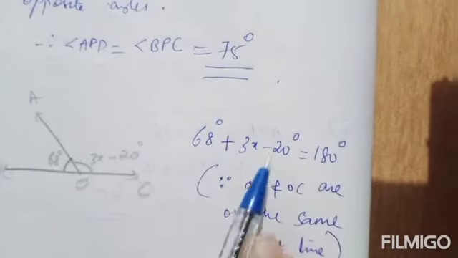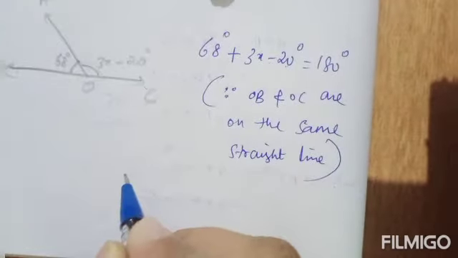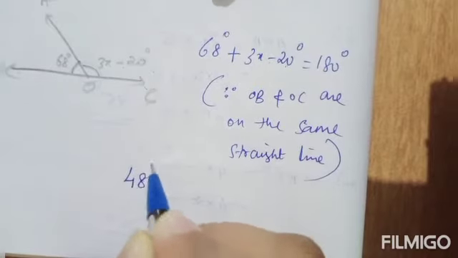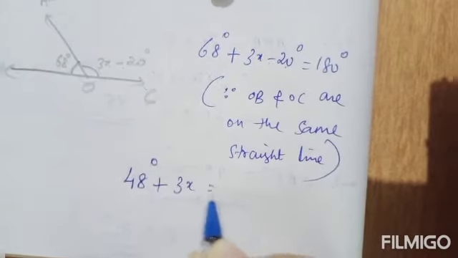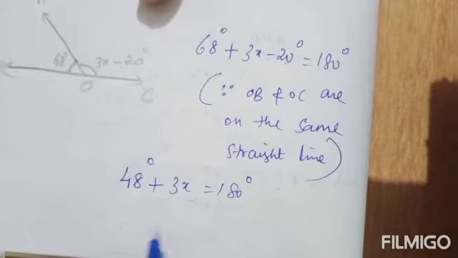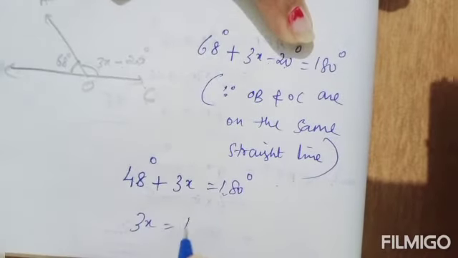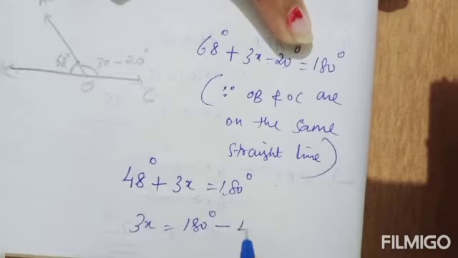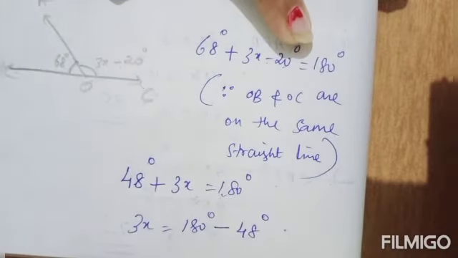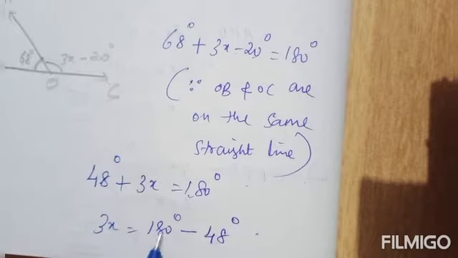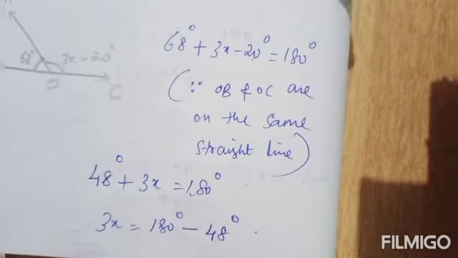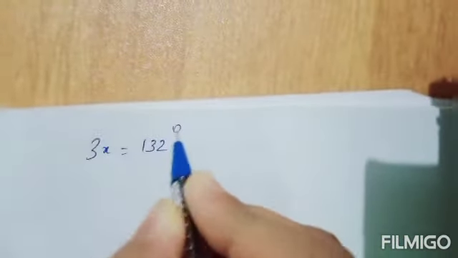Now 68 degrees minus 20 degrees we can subtract. We get 48 degrees plus 3x equal to 180 degrees. From this, 3x equals, on taking 48 degrees to the other side, 180 degrees minus 48 degrees, which gives 132 degrees. So 3x equal to 132 degrees.